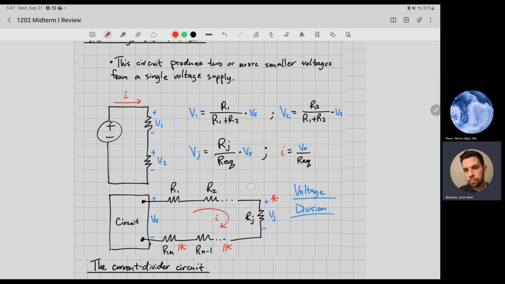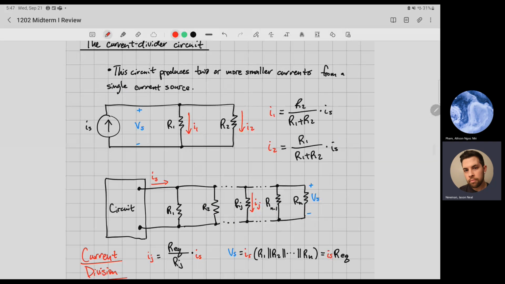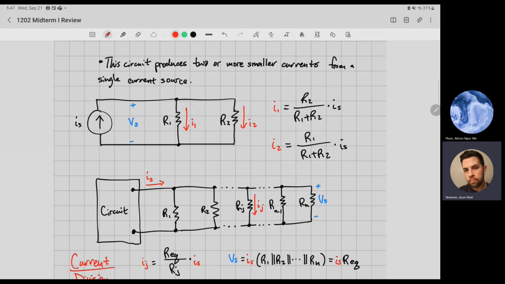So real quick, let me just summarize current division, and then we'll move on. Current division is when you have a current produced by a current source, and you're going to have a single voltage across these 2 because they're all going to be in parallel. The way current works is as soon as current is coming this way and it hits this node, it has a decision to make. So this is I, the full amount of the current source. Once it hits this node, it can either go this way, 10K ohms, or this way, 2K ohms.